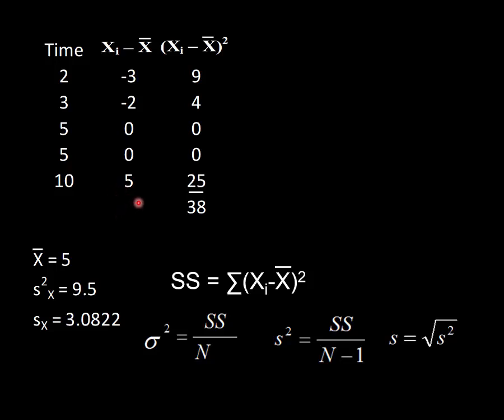If you add these up, it's always going to be 0. Added them up to get the sum of squares, took the mean of the sum of squares, or the mean squares, to get the variance, with that tiny little adjustment to n right there. We have to divide by n minus 1. And then took the square root of the variance to get the standard deviation right here. So the square root of the variance gives us the standard deviation.